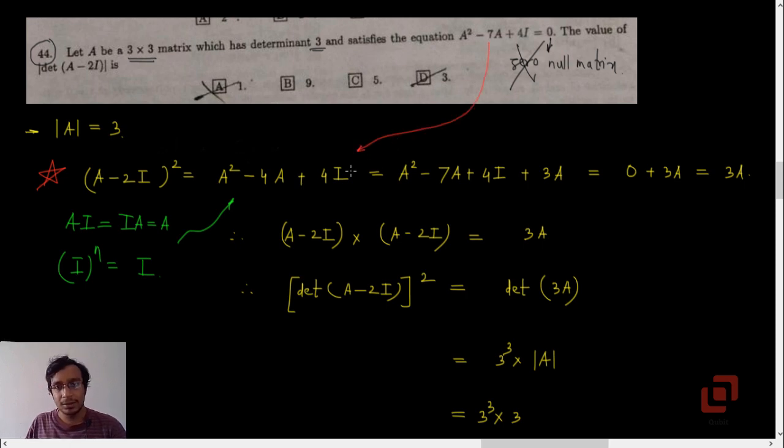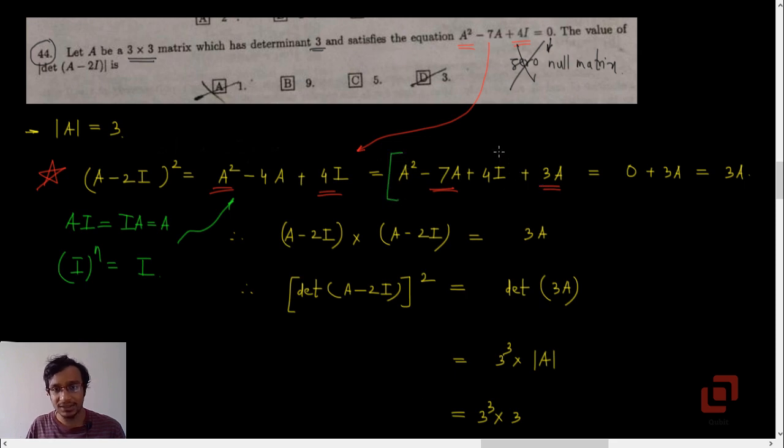Now we already have A squared and 4I. The only thing that is lacking is now minus 7A. Okay, so I have brought in minus 7A, but our original expression was minus 4A. So I have added plus 3A to this. So A minus 2I the whole squared is now A squared minus 7A plus 4I plus 3A.